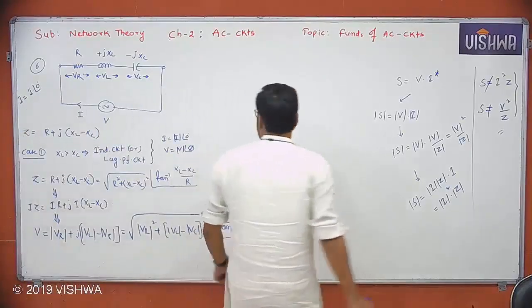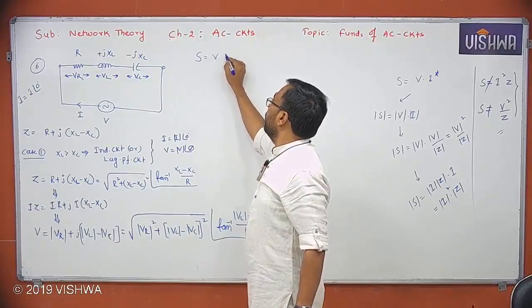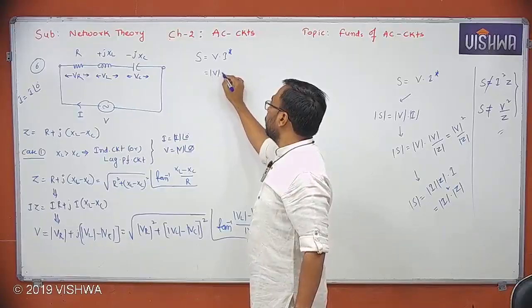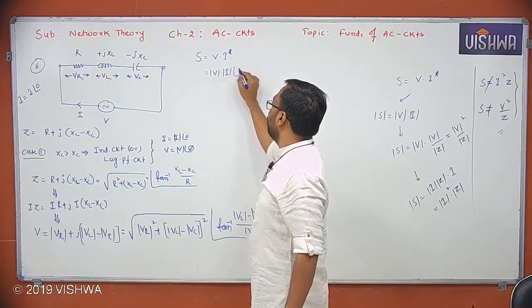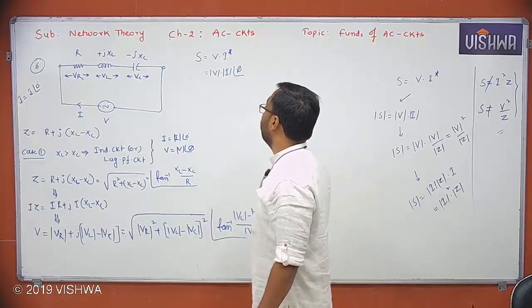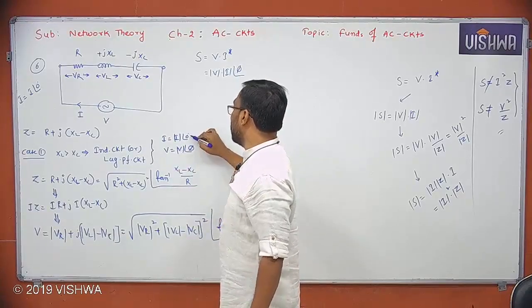Now S is equal to V into I conjugate, V into I at an angle of phi, because I is I at an angle of 0, V is equal to V at an angle of phi. Phi is a positive value because voltage should lead current, because already the current is taken as 0.